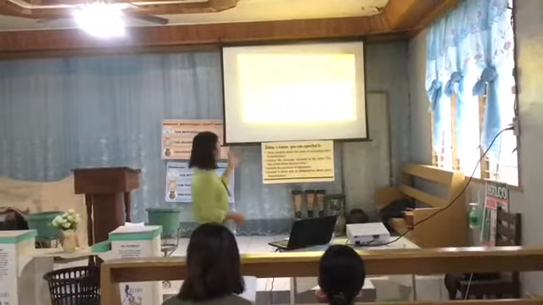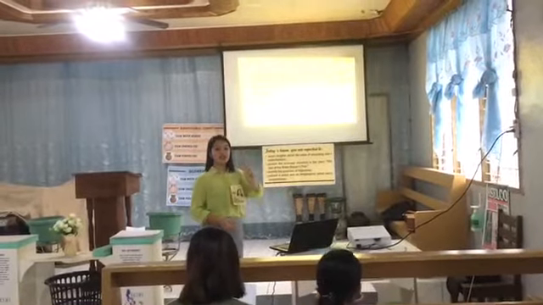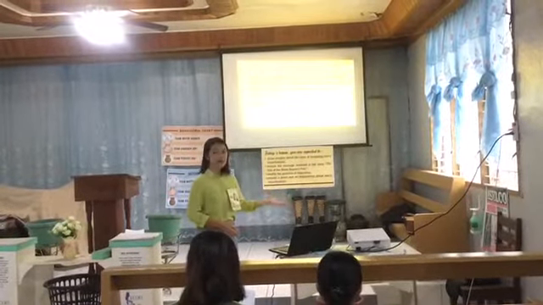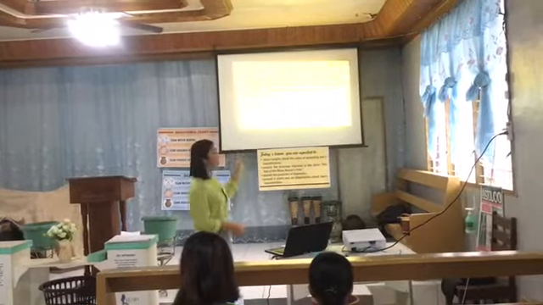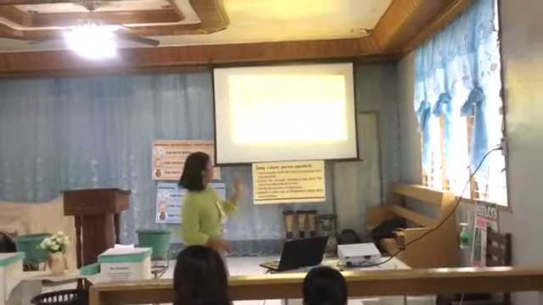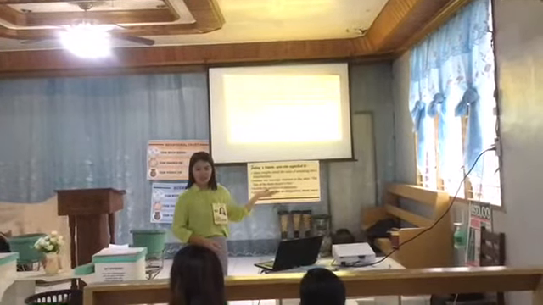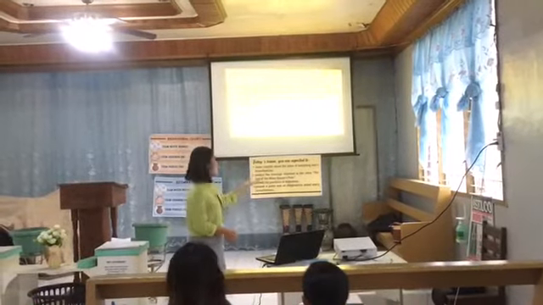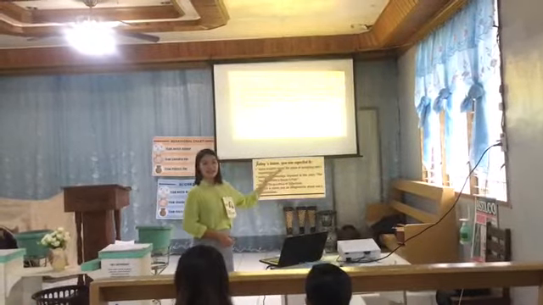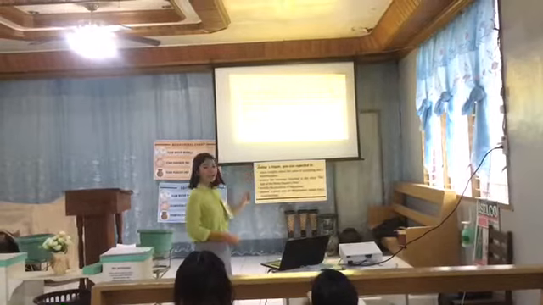Okay, so in this sentence, we have here the underlined words, large pots. So in the words large pots, what do you think is the adjective? The word large. So large is the adjective, and the noun that it describes is the word pot.